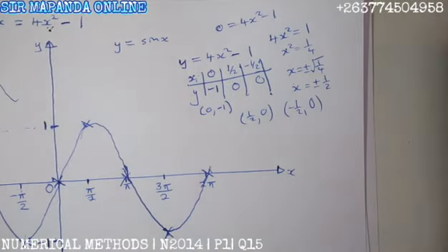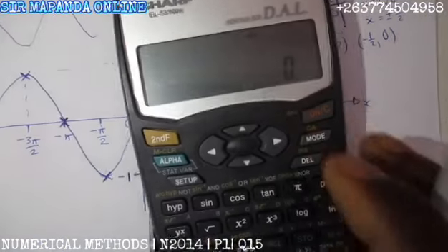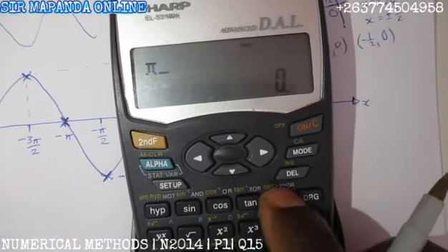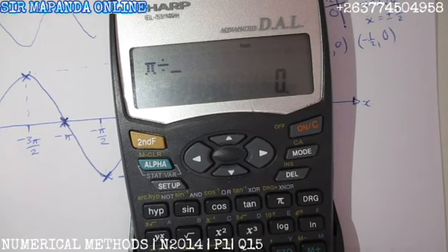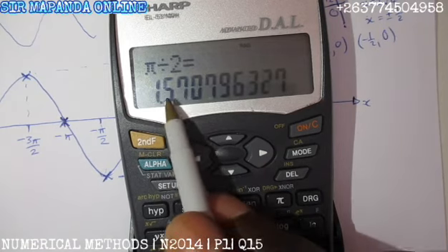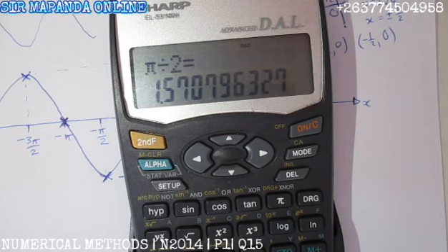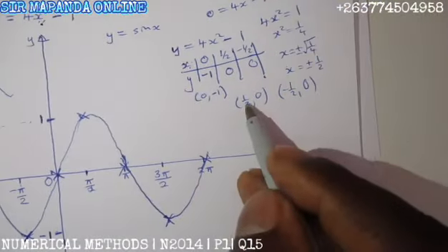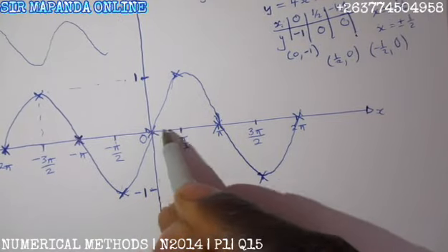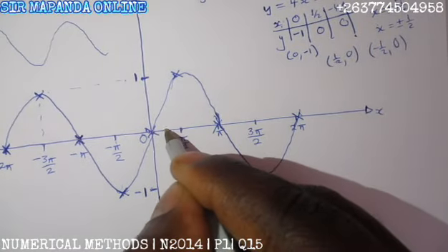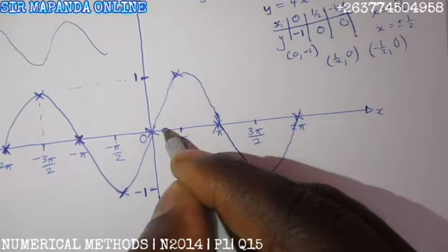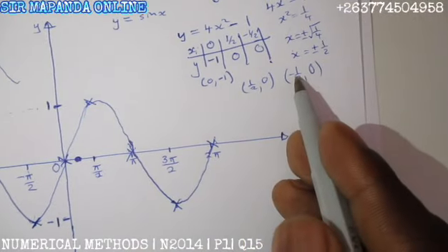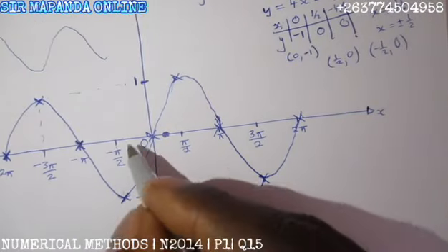Right. So firstly, you need to check π/2. π divided by 2 is 1,5. 1,5 is a number which is greater than 0,5. So it simply means a half is between 0 and π/2. So this is where a half lies. Same applies, minus a half is between 0 and -π/2.